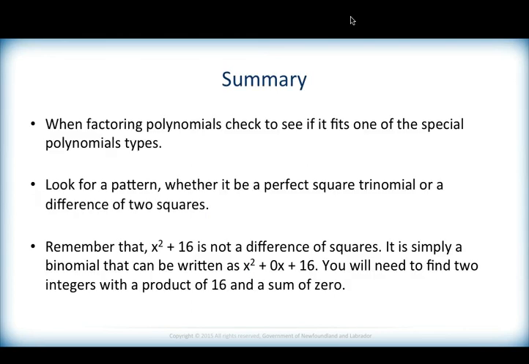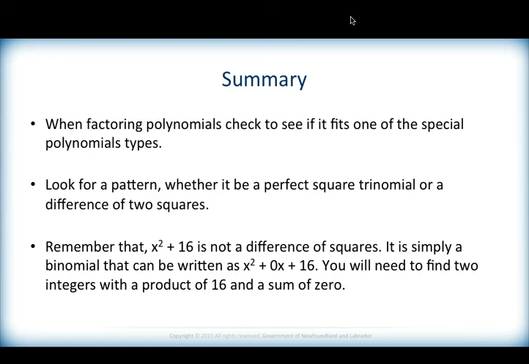And in summary here, when factoring polynomials, check to see if it fits one of these special polynomial types. Look for a pattern, whether it be a perfect square trinomial or a difference of two squares. However, remember that x squared plus 16 is not a difference of squares, even though 1 and 16 are perfect squares, but it is not a difference.